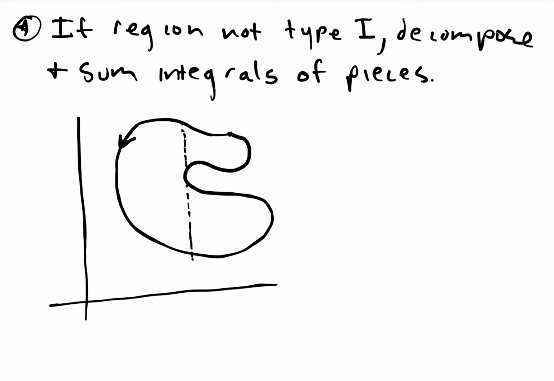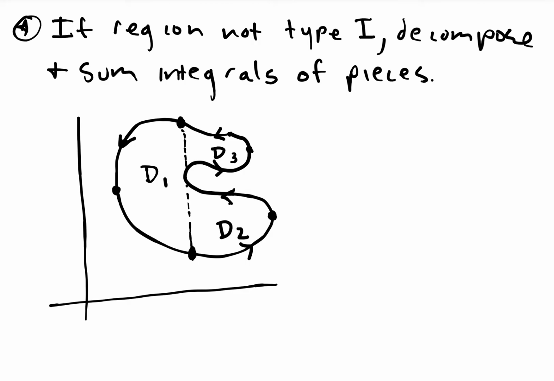So you notice here, I can think about this as being a top and bottom curve for region 1. I can think about this as being a top and bottom curve for region 2. And I can think about there being a top and a bottom curve for region 3.